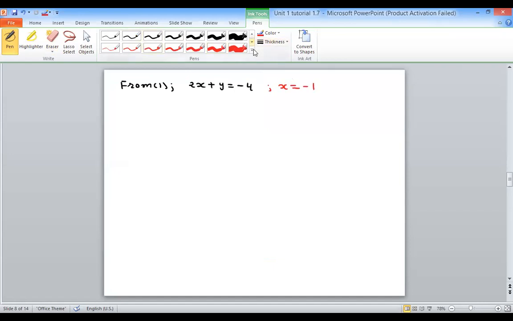So I get the value of y. So 2 as it is, x is minus 1. Put x is minus 1. y as it is, this is minus 4. So 2 multiplied by minus 1 is minus 2, y and minus 4.